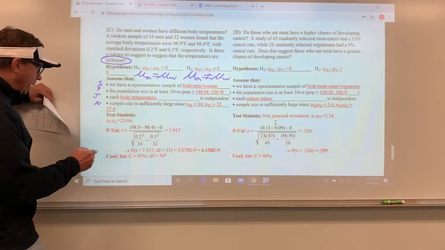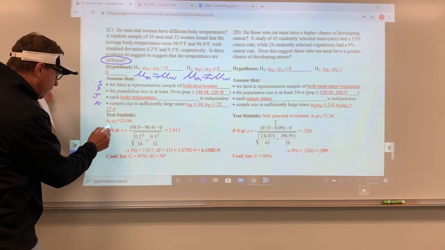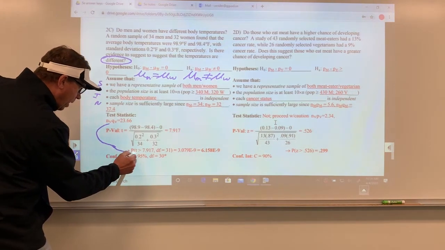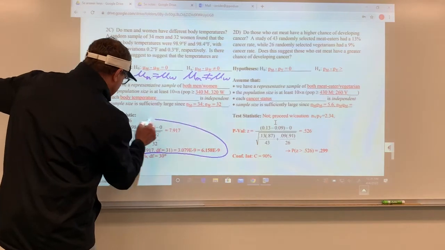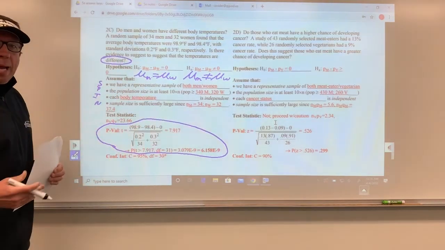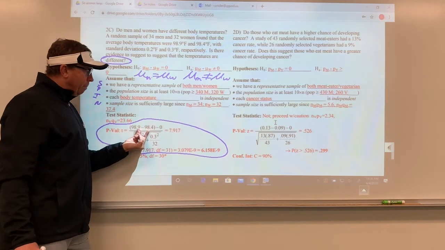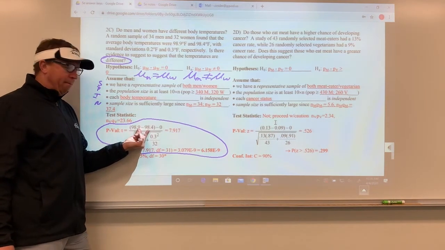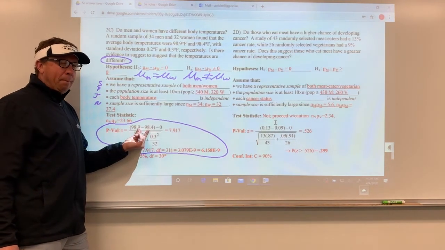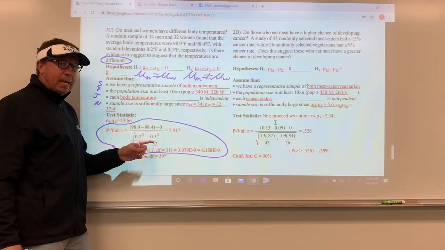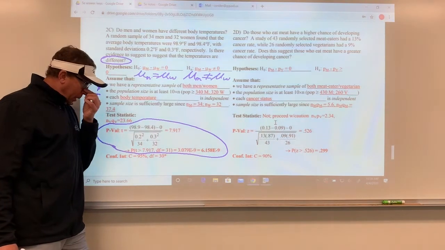All right, the test statistic. Once again, it's very unlikely that you're going to do this by hand, but I still want to show it to you. The difference between the two temperatures is 0.5. That doesn't sound like a lot, but it actually is when you involve how small the standard deviation is, okay?